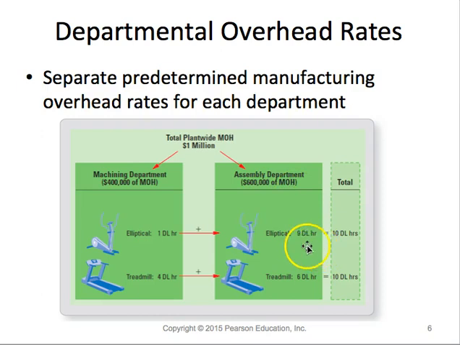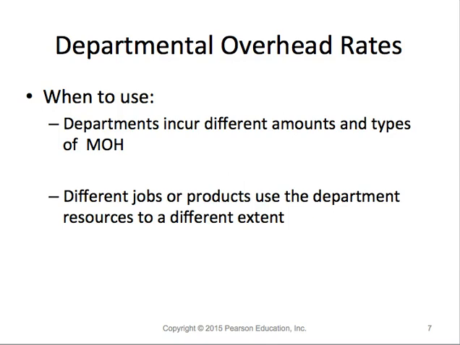For the elliptical, there is 1 direct labor hour in machining, and the treadmill has 6 direct labor hours. So the total here is 1 plus 9 is 10, and 4 plus 6 is 10. Let's see what this means in the next slide.